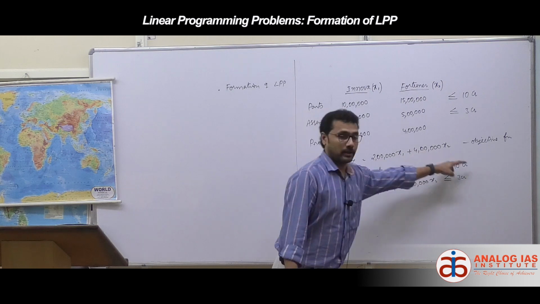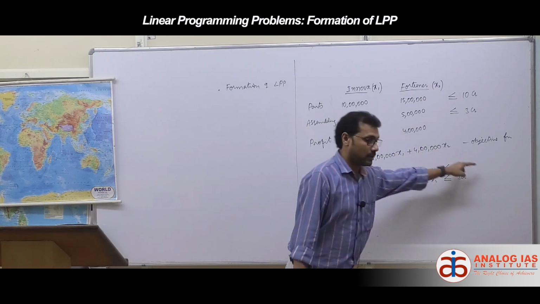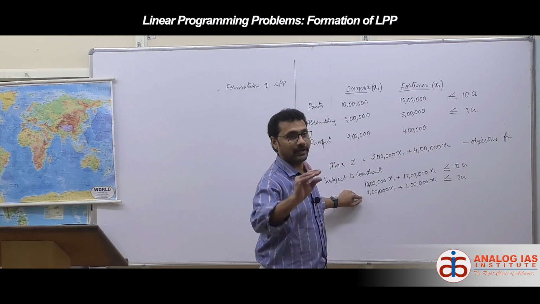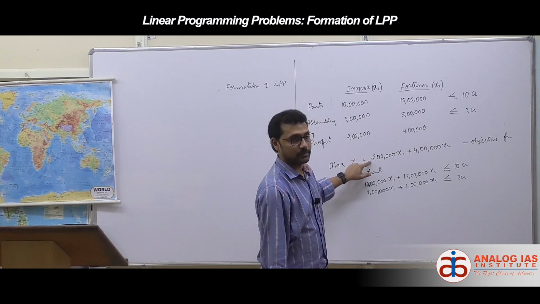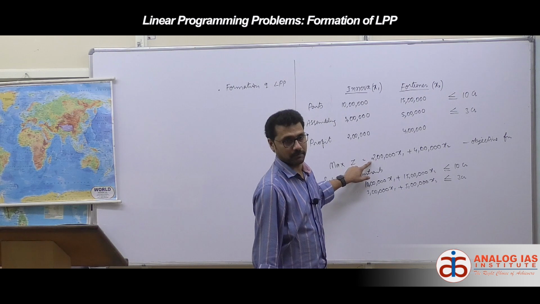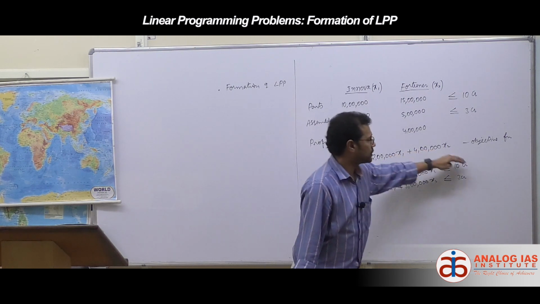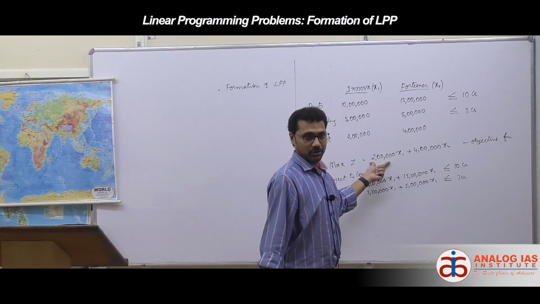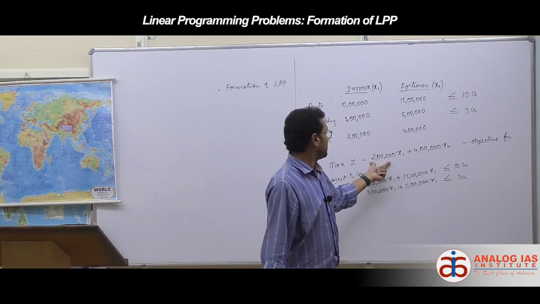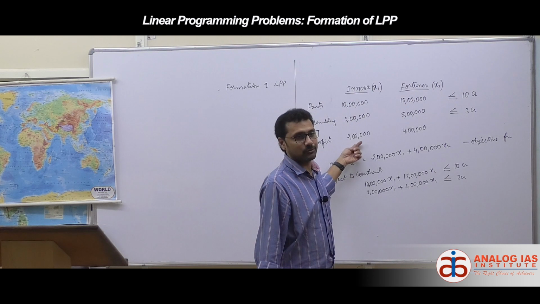Within this bounded domain, I have to find that X1, X2 in such a way that my objective function would be maximized. Sometimes we can have the same budgetary constraint, but my profit I can change. Maybe instead of 2 lakhs, I will keep it as only 1 lakh.